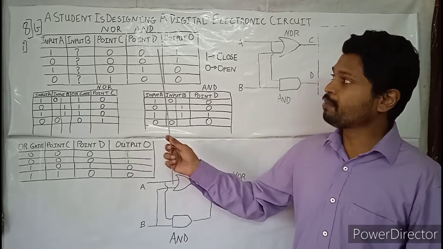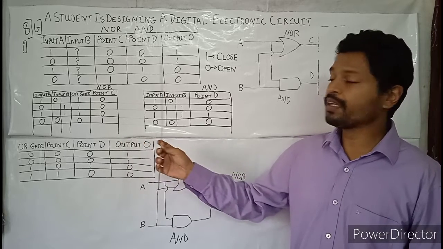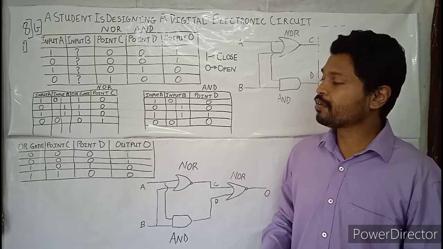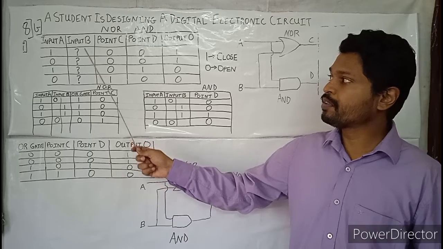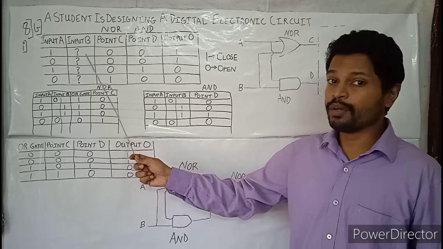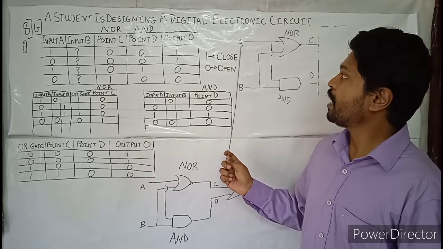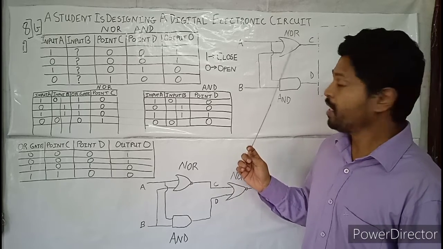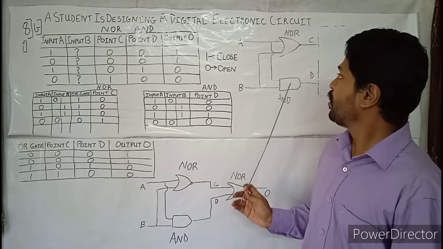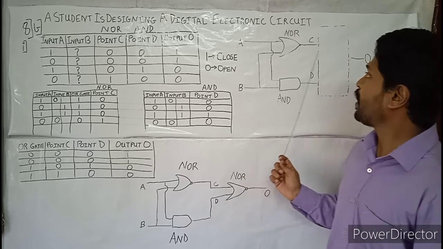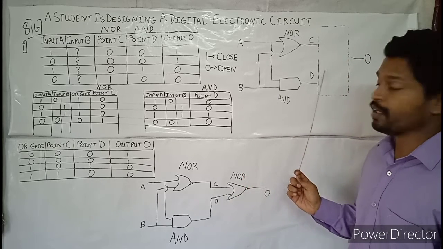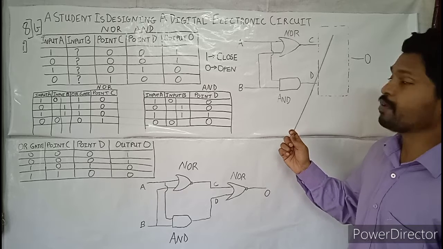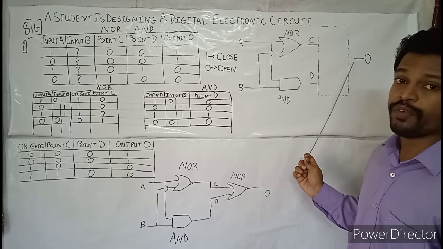There is a truth table here, and in the truth table we have to find out the second parameter, input B. This is A, this is B, this is the NOR gate, this is the AND gate. You can see there is something missing out here, and there is an output O given.